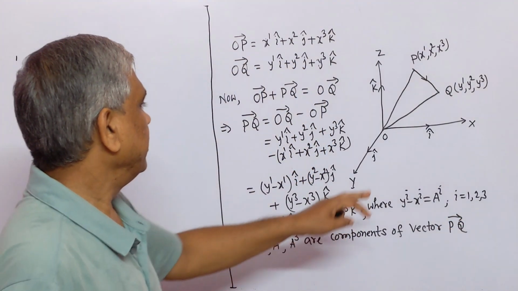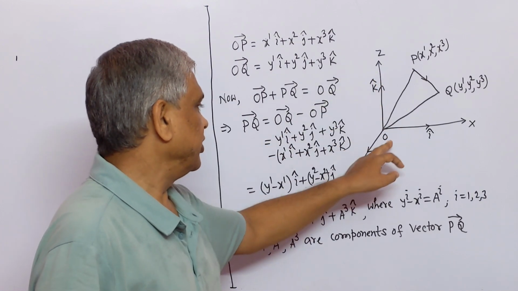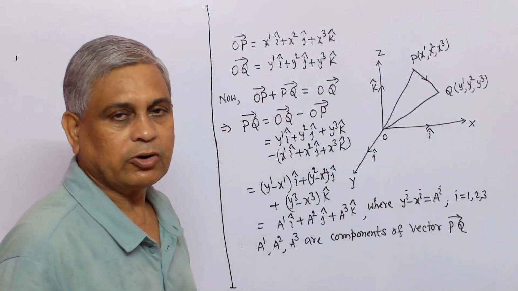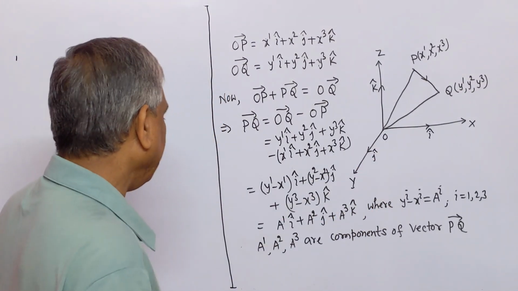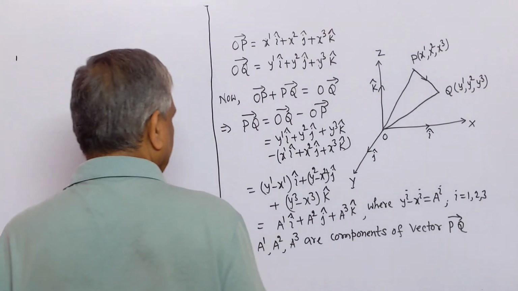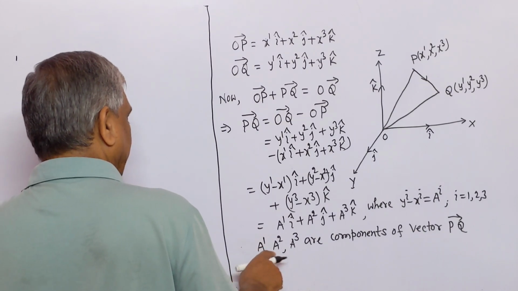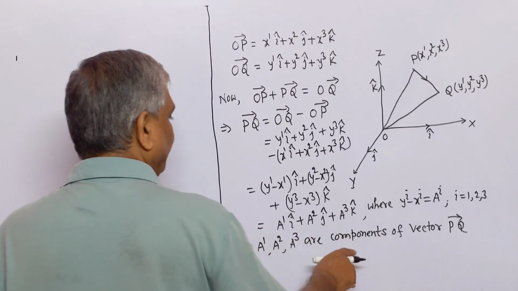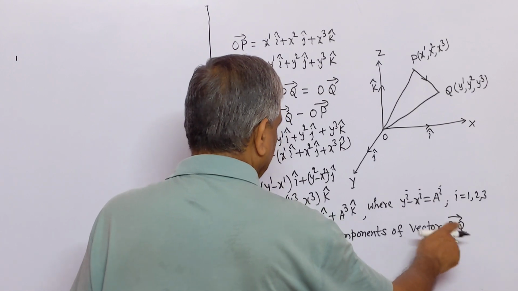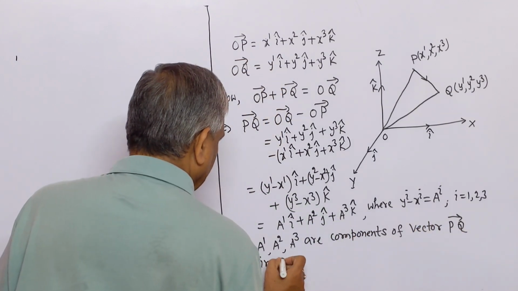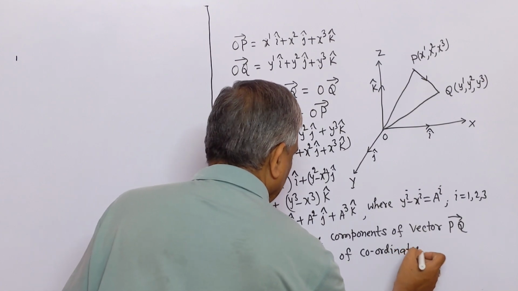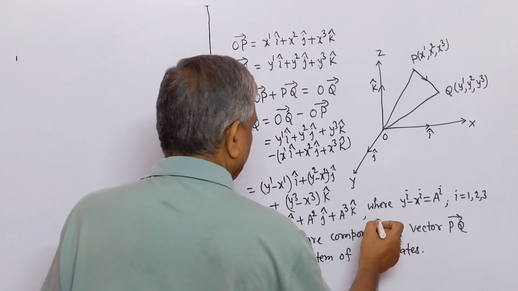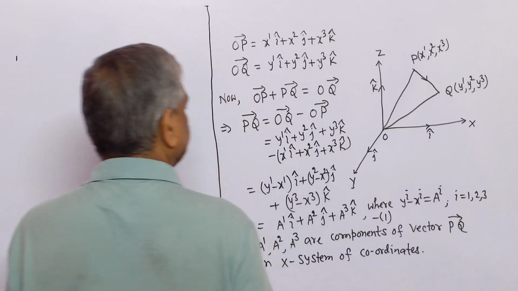If we call this rectangular system of coordinates the x system of coordinates, then we say that a1, a2, a3 are components of vector PQ in the x system of coordinates. This is number 1.